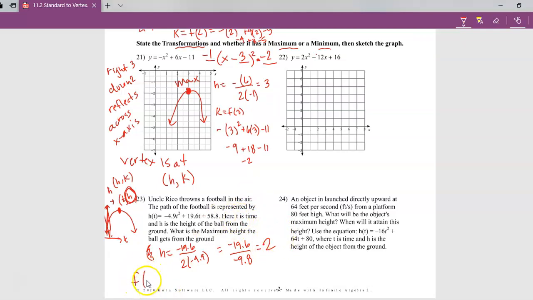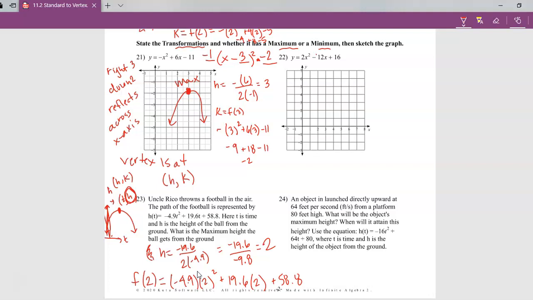So now I'm going to plug that in. I'm going to do f of 2. And that's going to give me negative 4.9 times 2 squared plus 19.6 times 2 plus 58.8. So I'm just going to quickly put that in my calculator. Remember here, I have to square 2 before I multiply by 4.9. So that's 4 times negative 4.9, and that is negative 19.6.